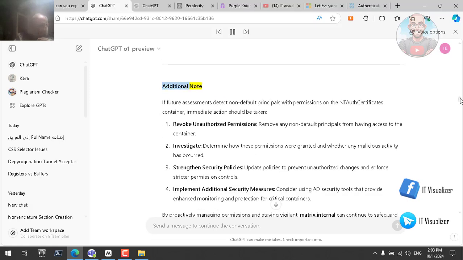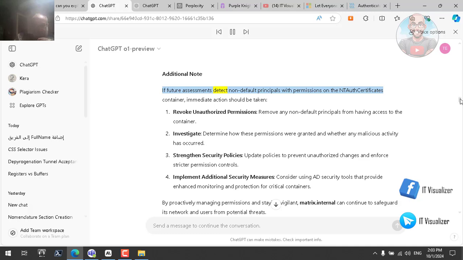Additional note: if future assessments detect non-default principals with permissions on the NTAuthCertificates container, immediate action should be taken. Revoke unauthorized permissions. Remove any non-default principals from having access to the container. Investigate. Determine how these permissions were granted and whether any malicious activity has occurred. Strengthen security policies.